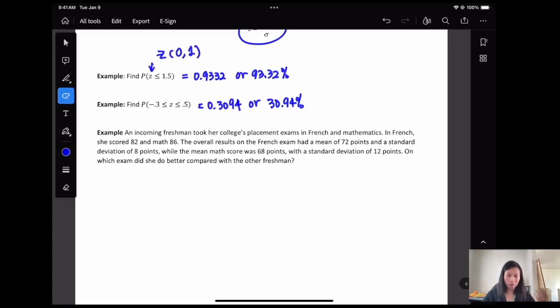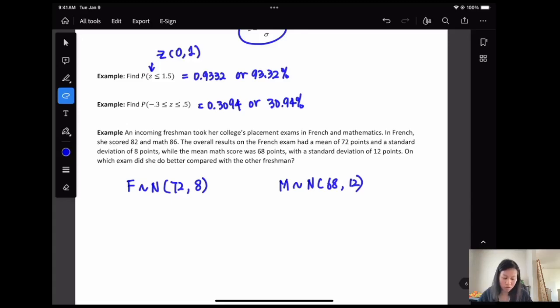So for the other freshmen, we know that the French scores follow a normal distribution with a mean of 72 points and a standard deviation of 8 points. For the math, I'm going to use the letter N, and it follows a normal distribution with a mean of 68 and a deviation of 12.